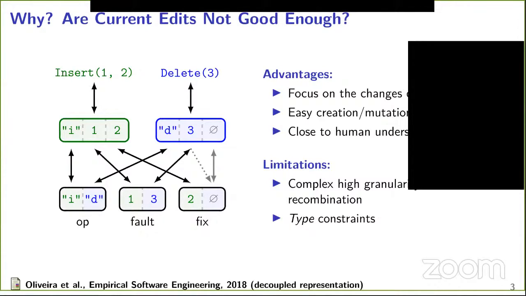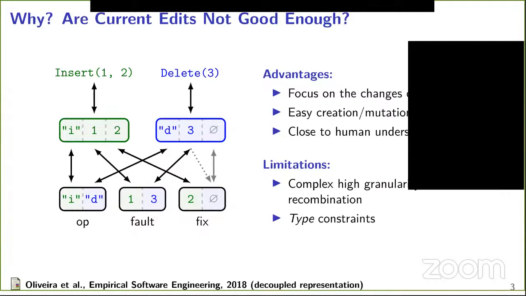Edit sequences are really nice. They focus on the change itself. They are really easy to create, to mutate, and to crossover, for example uniform crossover and one-point crossover, and they are really close to human understanding. On the left of the slide, you have a sequence of 2 edits, insert 1, 2, and delete 3.